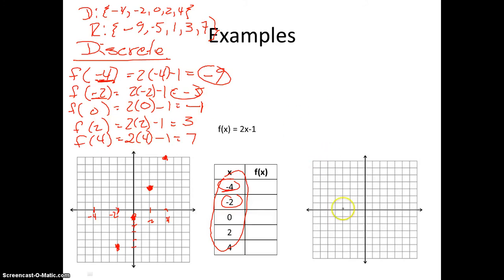Now on this part over here, let's say we're going to work with x is greater than or equal to negative 3. Well, if we're following along already, we can go down to negative 3. We're going to be way down here somewhere. So if I plug negative 3 in here, I get negative 6 minus 1, which is negative 7.